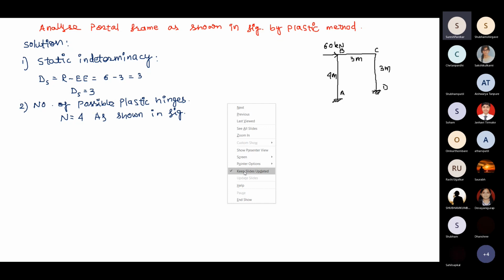Four, as shown in figure. B is a rigid joint, C is also a rigid joint, and A and D are fixed joints.